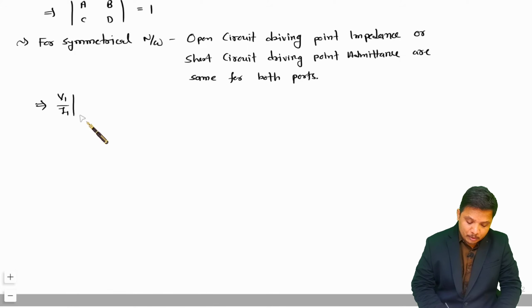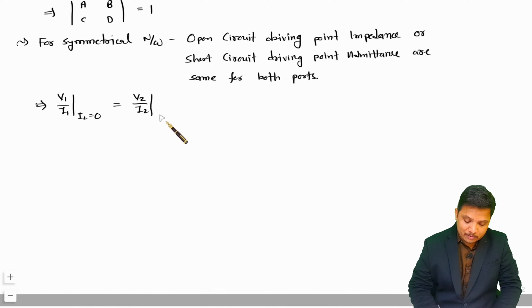The output is port 2, and if it is open circuit, then I2 will be 0. That should be equal to the port 2 driving point impedance, which is V2 by I2, and for the open circuit driving point impedance, port 1, which is the output port, should be open circuit, meaning I1 is equal to 0. This is the basic driving point impedance at port 1 and port 2.